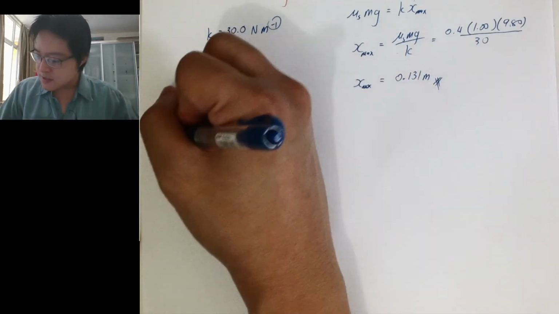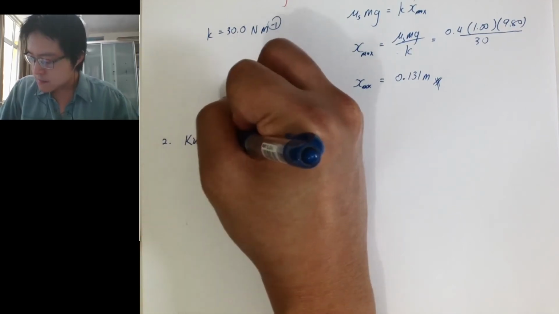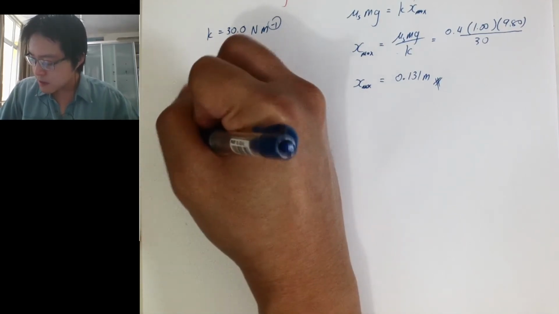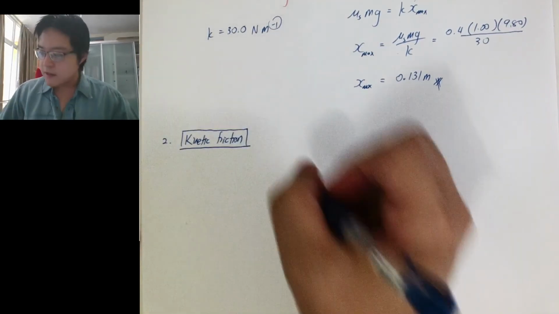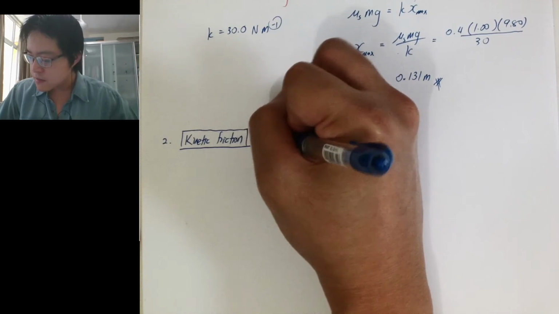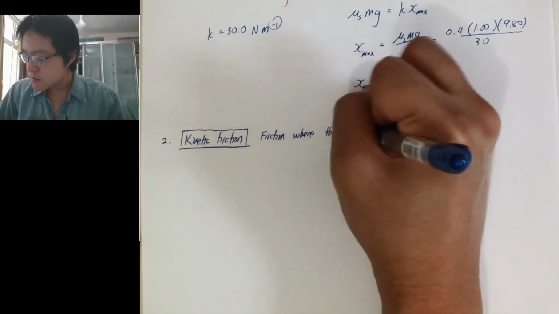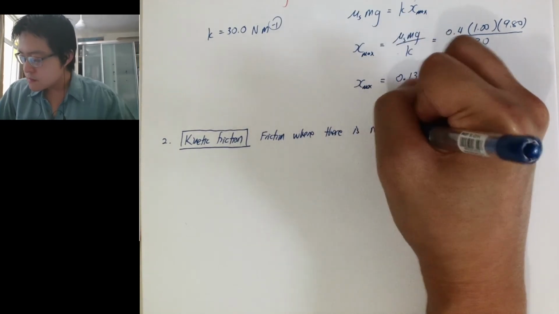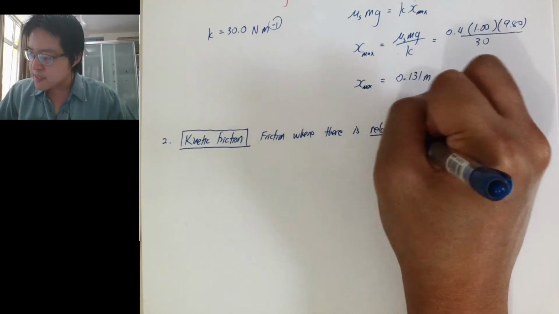So what we're talking about here is now kinetic friction, the second type of friction that we want to study here. This is the friction where there is relative motion. This friction is much easier than static friction.